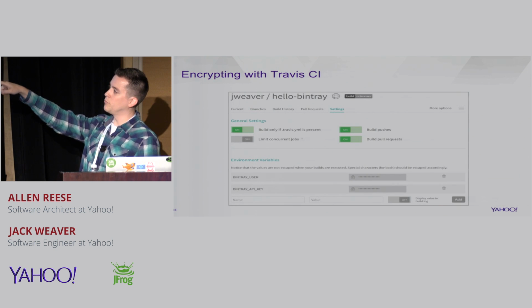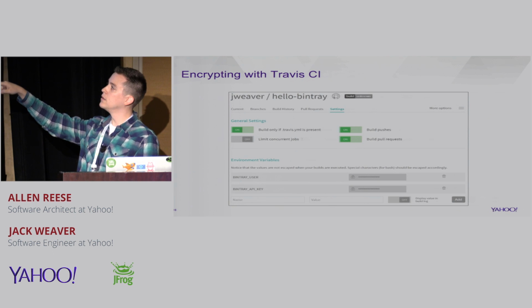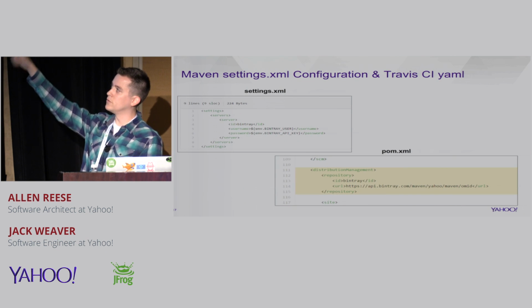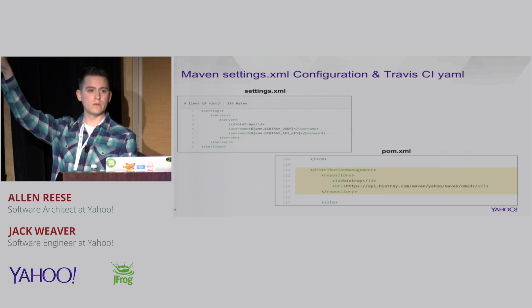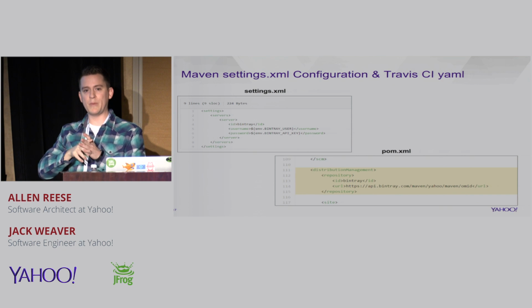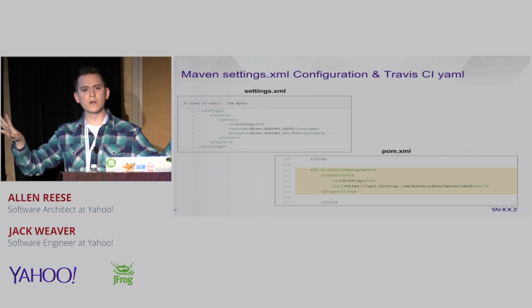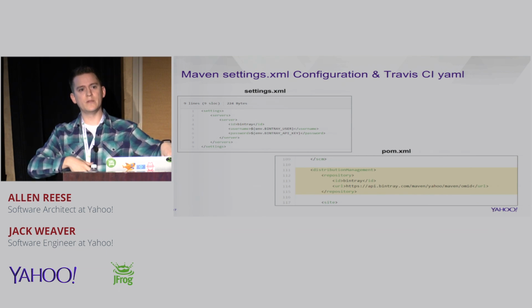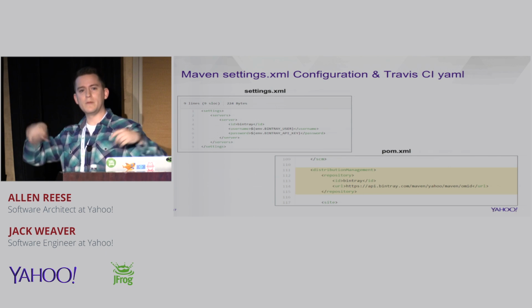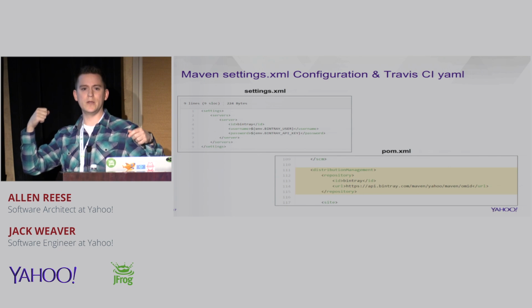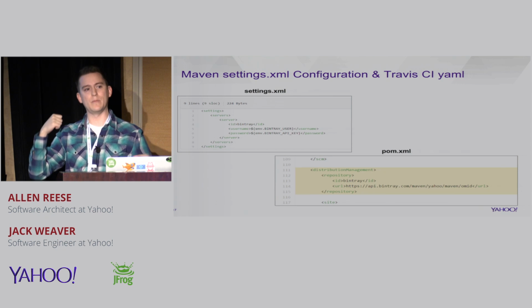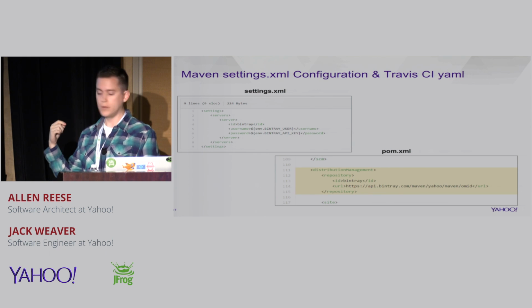So Bintray user, Bintray API key, right in the settings. And so what that means is your username and password is not exposed anywhere. It's secret, tucked away inside Travis. And of course, we've already done the plumbing on the back end for Bintray so that that key accesses the package we want in Bintray.